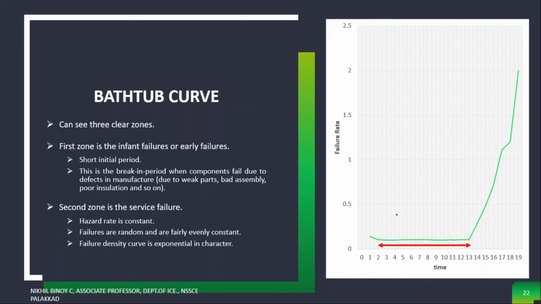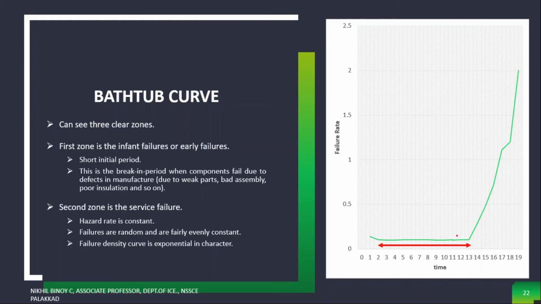Okay. Now, please note, we can reduce this constant value. Actually, from the table 1 point of view, we have 0.101 or 0.1. We can reduce that value, and we can increase the length of this zone by providing very good service. That is why service is important. If you are manufacturing a car or bike, a periodic service is important.